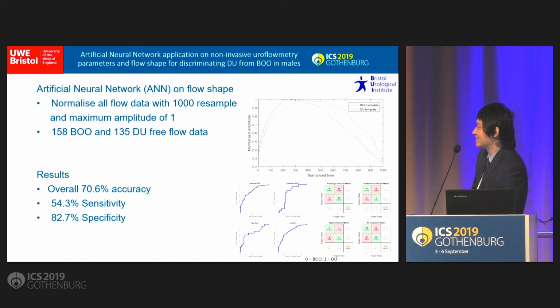Well, I think the treatment could be the same, but currently the standard in the UK for obstruction patients is surgery, and for underactivity it might be a prescription. So the treatment might be different. By using this, I think we have the possibility to let a portion of patients not need to go through the pressure flow study, and they can either take the surgery or just get a prescription. Okay. Thank you.